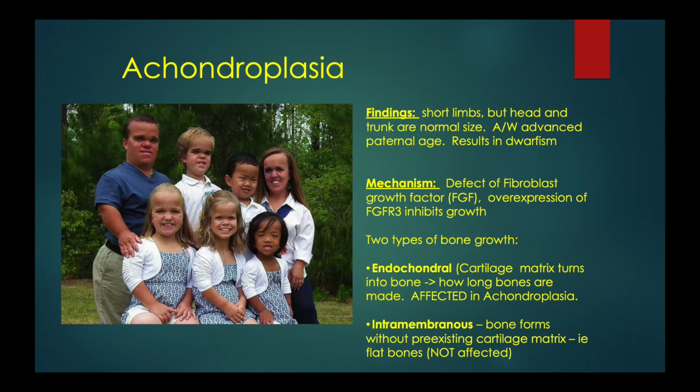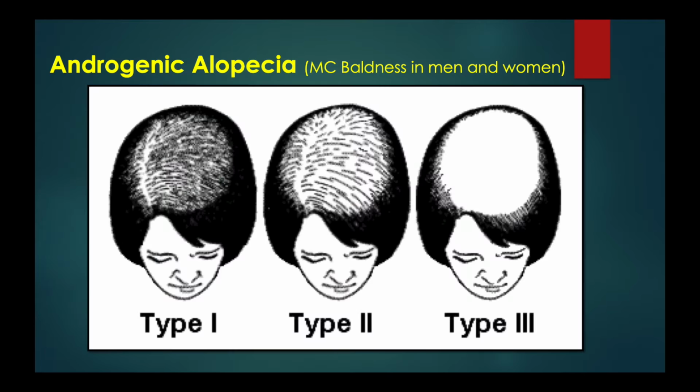I can see that being a good question: what kind of bone formation is affected in achondroplasia? And you're going to say endochondral. Okay, and again, fibroblast growth factor is affected. It's a defect. Androgenic alopecia, just like it sounds like.